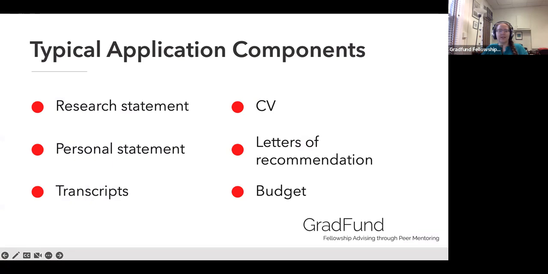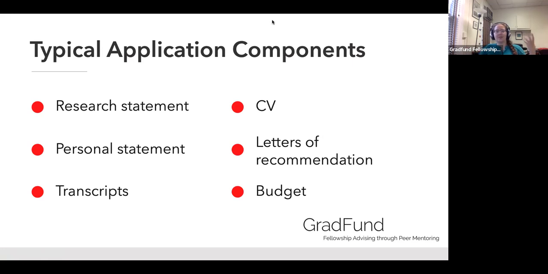So the key thing to think about is that jargon shows up in a lot of places. Today we're going to be focusing on examples from the research statement, which is a place where jargon shows up a lot because we're very used to talking in the specialized language of our own fields, but it can also show up in some other areas as well.